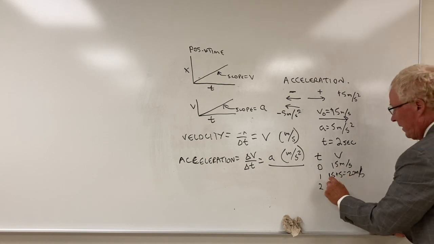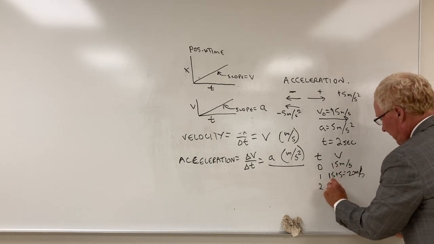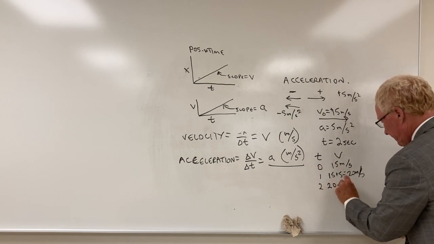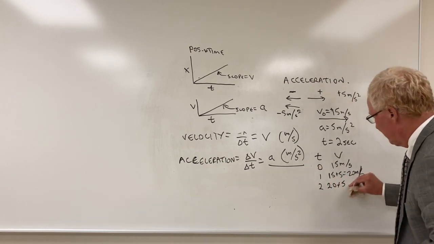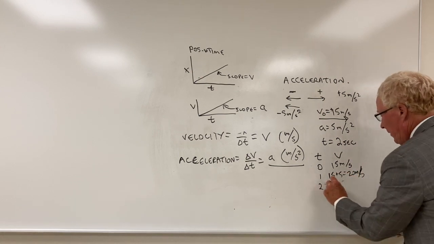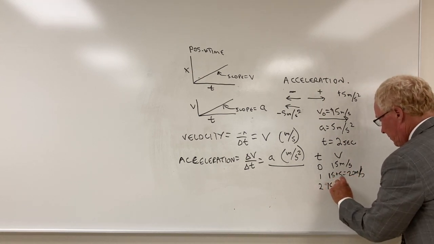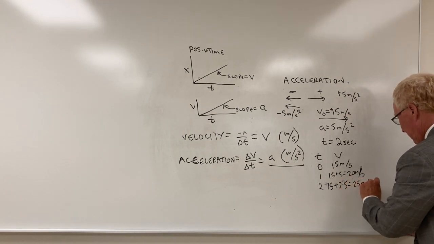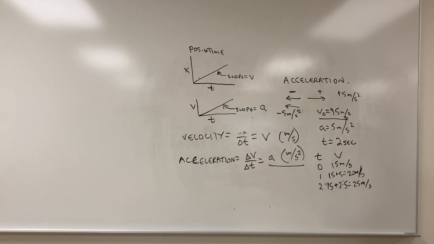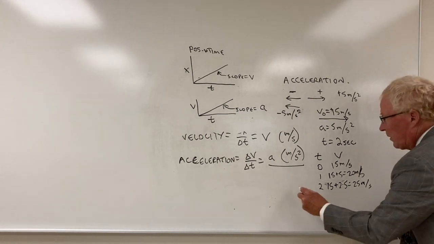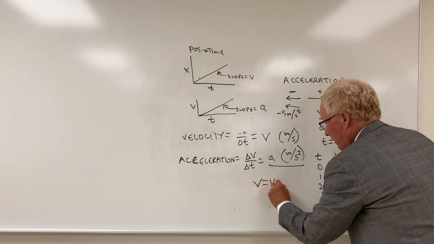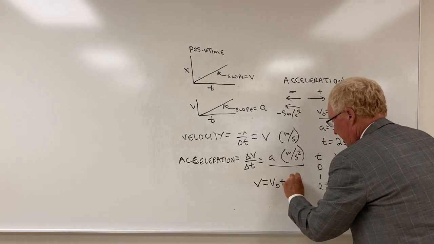And after 2 seconds, it'd be another 20 plus 5. Let me write this with our initial velocity. It'd be 15 plus 2 times 5, which is 25 meters per second. So we can write this as an expression: v naught plus a times t.